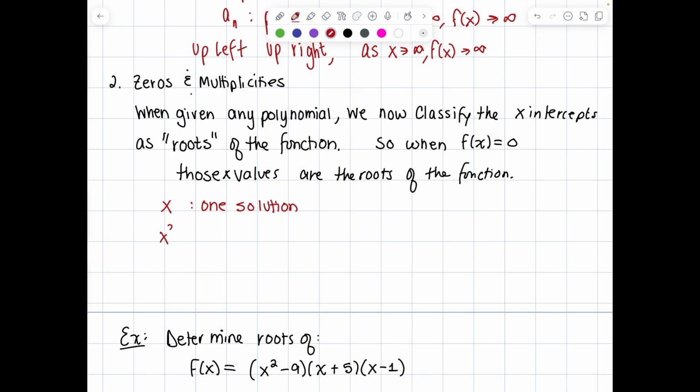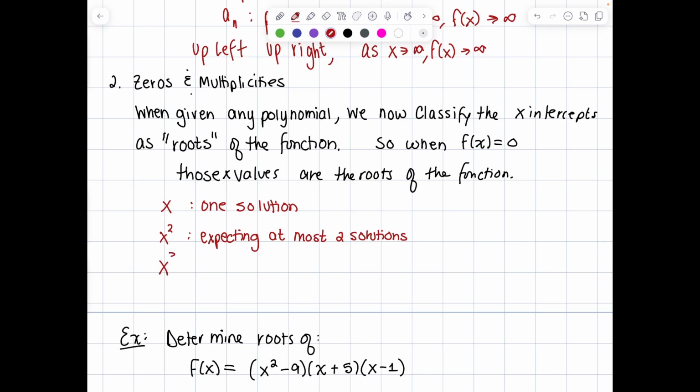If you have an x to the second power, you're expecting at most 2 solutions. Now, of course, we have to take into account no solutions, repeated solutions, and then 2 distinct solutions.